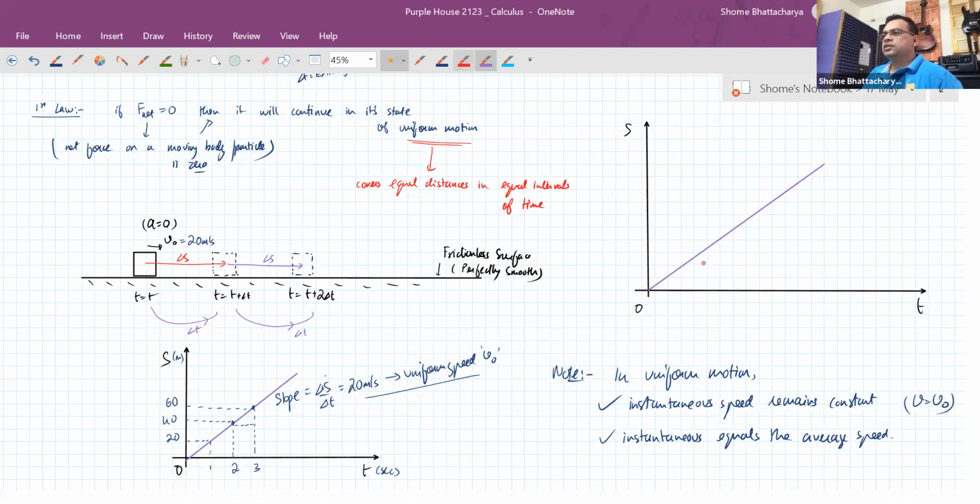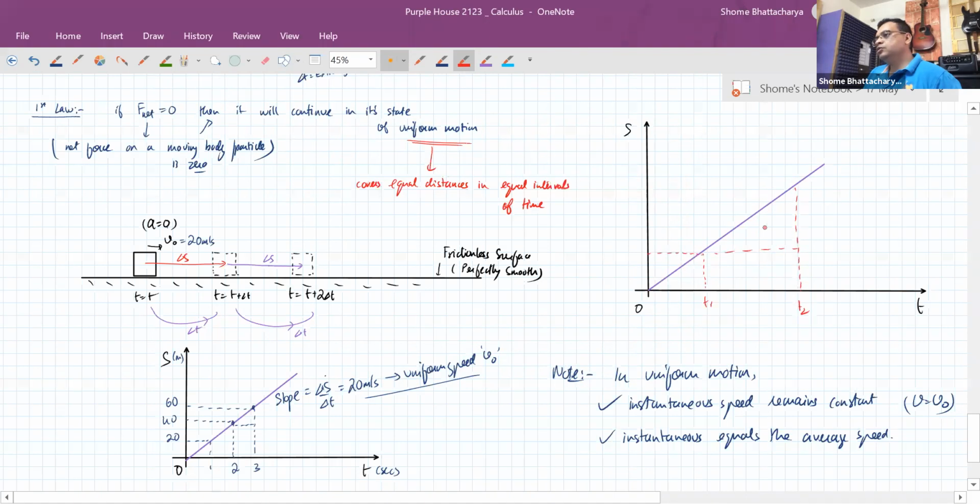Now in this, if I measure the average speed for some time t1 to t2, what will that be equal to?